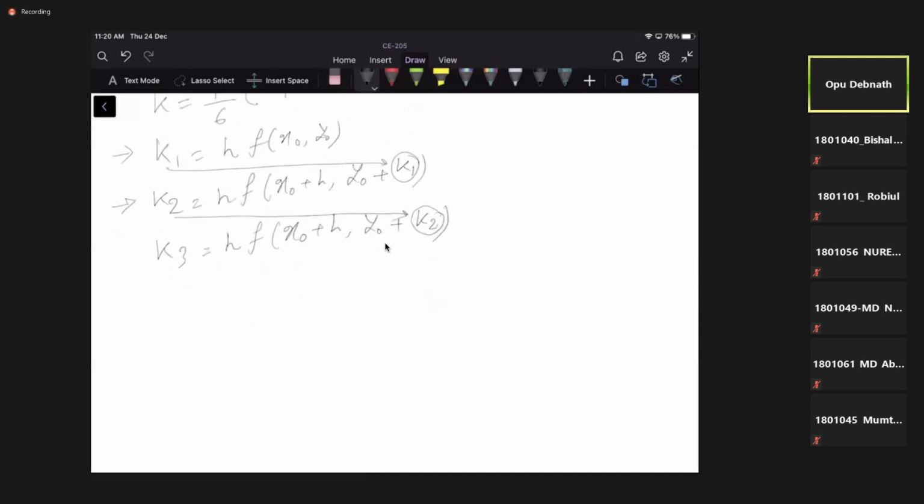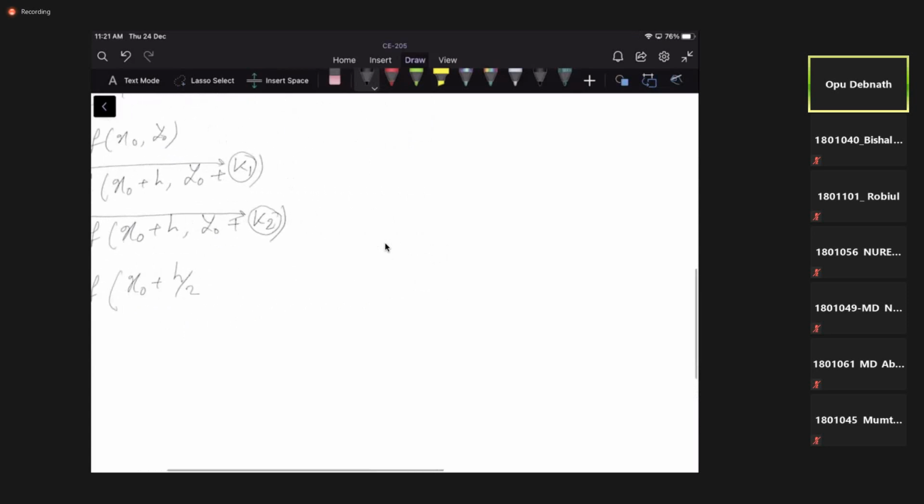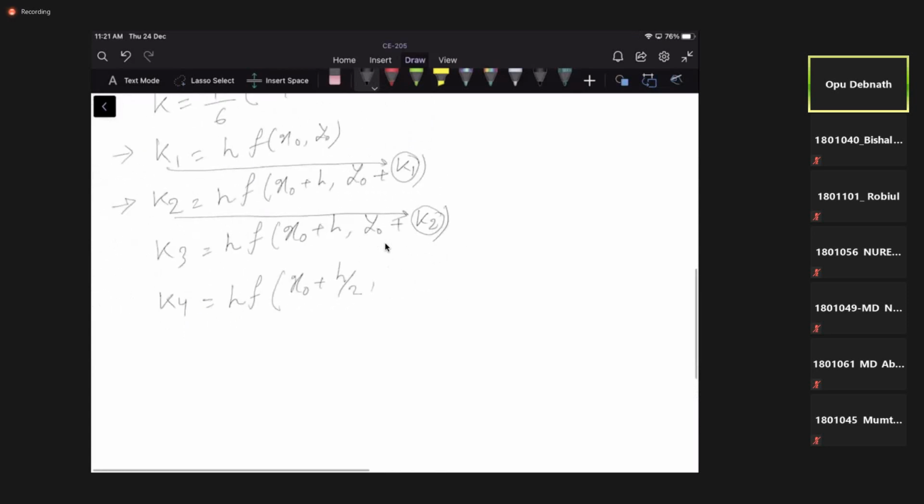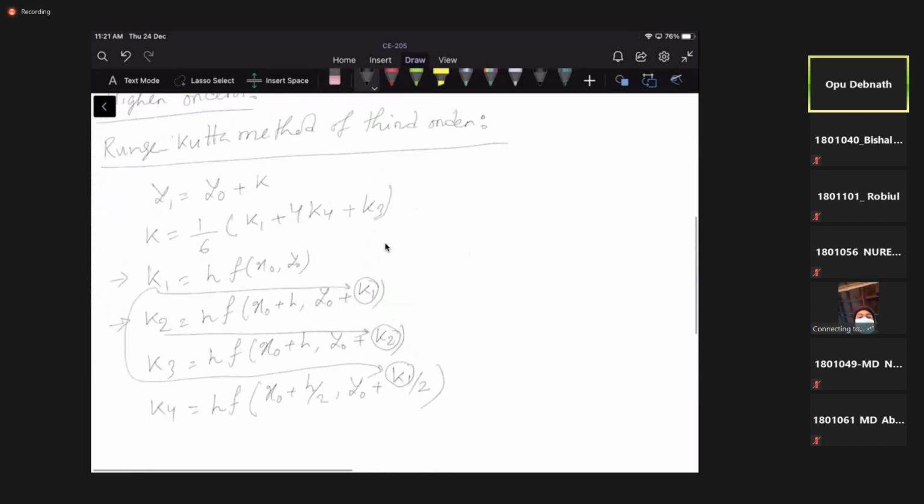Then you will come finally to k4. K4 is nothing but h function of x0 plus h by 2, y0 plus k1 by 2. This k1 is from the first step. So this is your first trial.